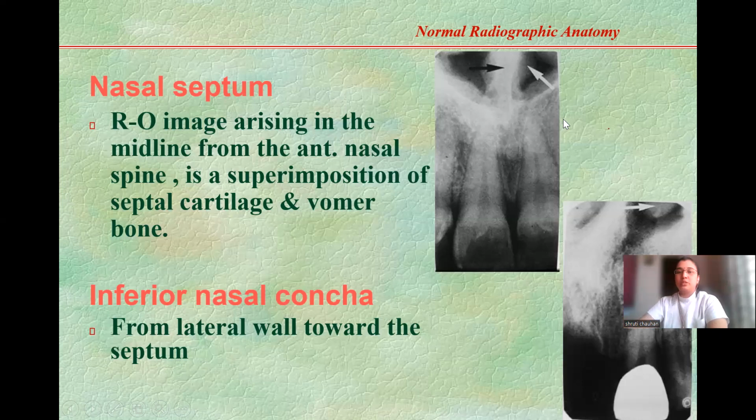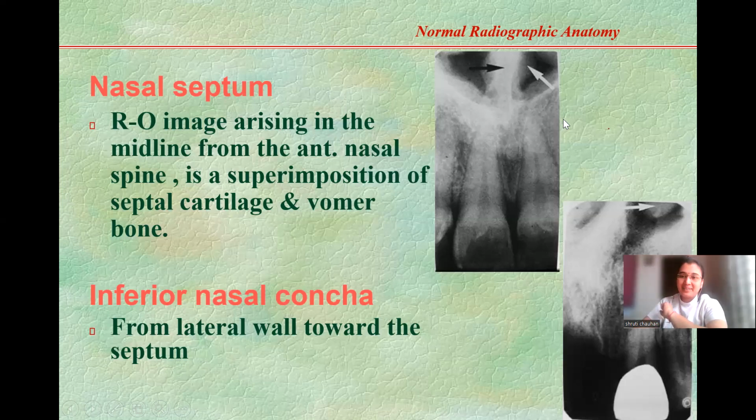It is radiolucent. Why do we need to know this? Because if I give you a radiograph of your lateral incisor, between your canine and lateral incisor, and ask you, what is this radiolucency here? Do you think it's an abnormality? You will look at it and say, yes, ma'am, it's an abnormality, right?